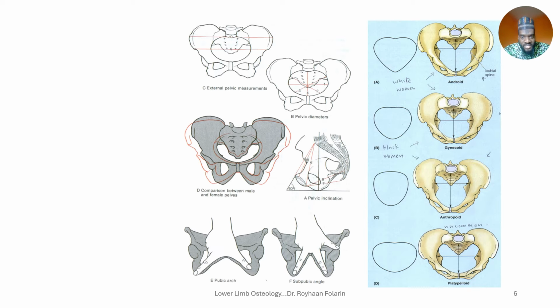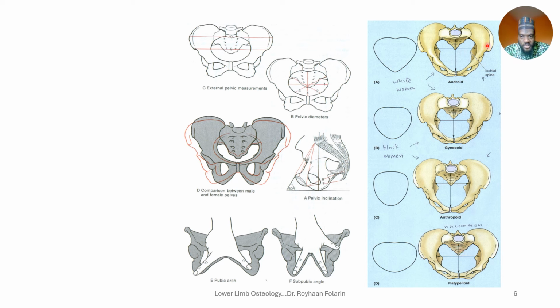On this slide, I'm trying to explain that the pelvis is categorized into four main types based on the shape and dimensions. They are referred to as android, gynecoid, anthropoid, and platypeloid.